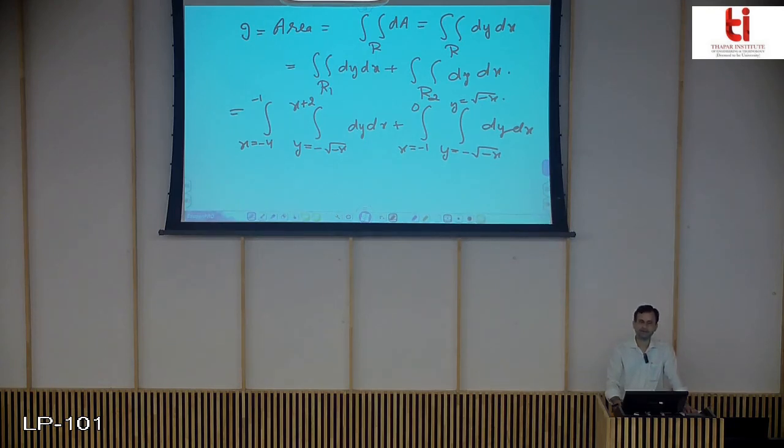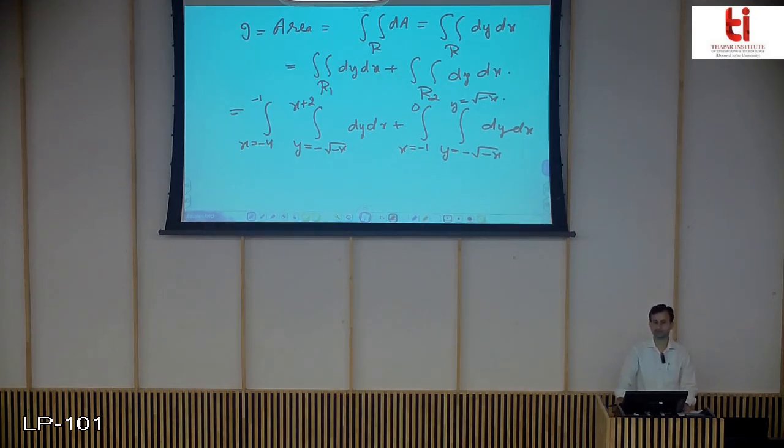If there is splitting of a region, then you must avoid that if it is possible. For that, you must look at the region of integration and then integrate as per your region, just to avoid the splitting. That is what we did here when we integrated first with respect to x and then with respect to y.